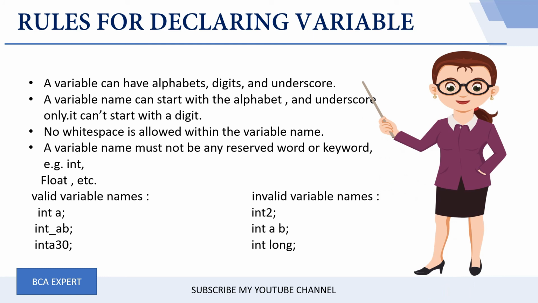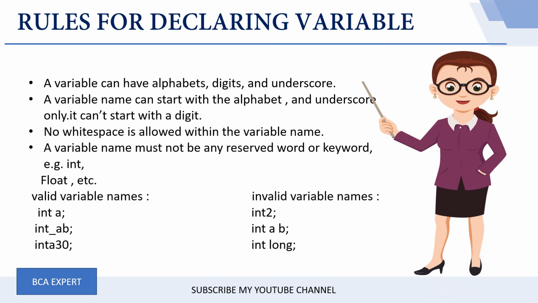The next rule is that there should not be white space between the variable names, as we discussed in the case of identifiers. No variable name or identifier should include a space. If you want to specify a space, then you must use the underscore, but not an actual space.